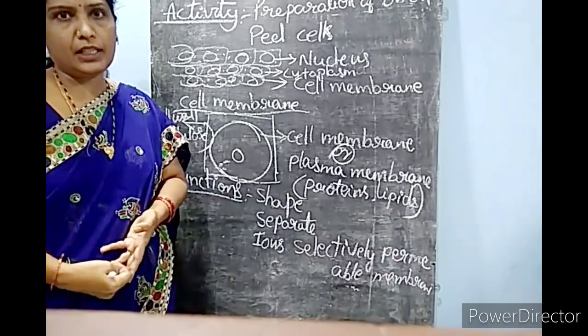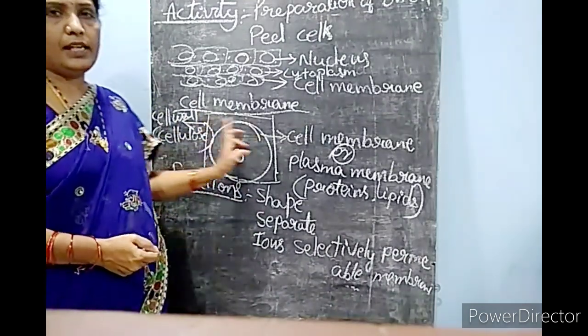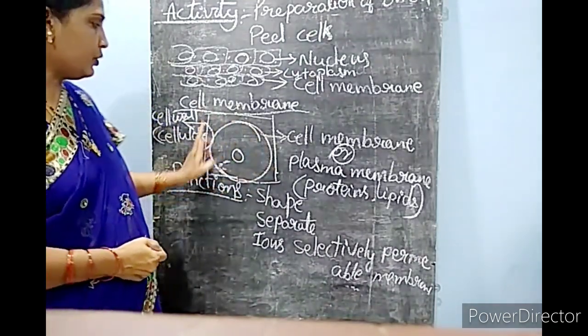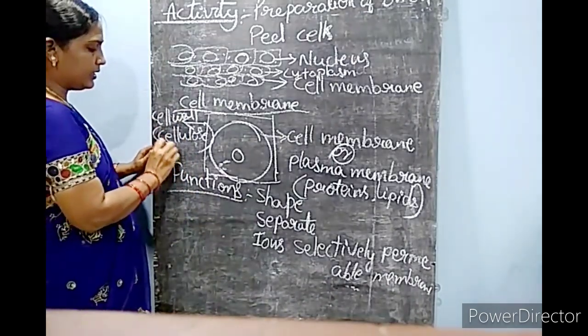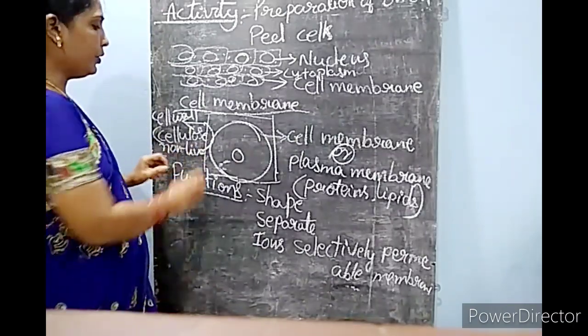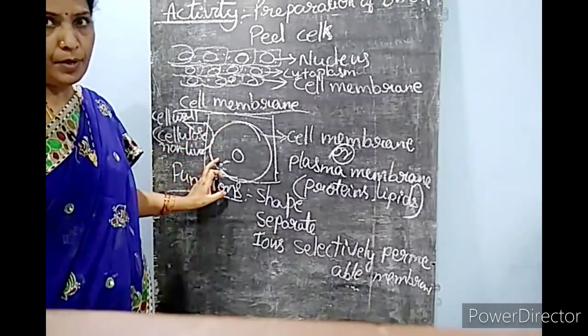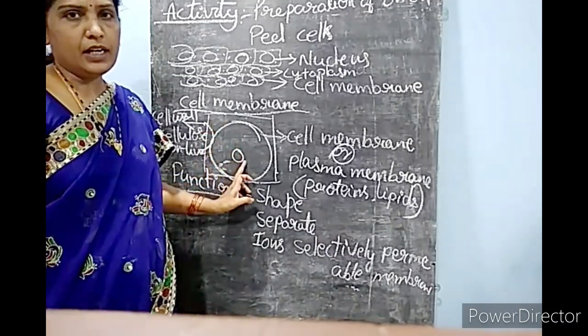To protect them, a tough coating like a membrane is present, known as the cell wall. It's a non-living substance present outside the cell membrane. Then, is it present in animal cells or not?